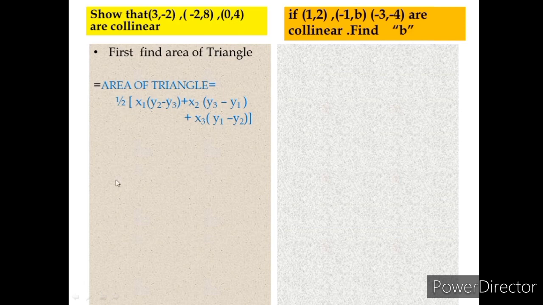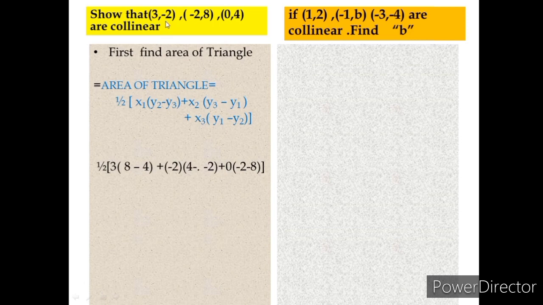Thereafter you have to substitute all the relevant values, x1 y1, x2 y2, x3 y3. Now the step will be like this: for x1 3, y2 8, y3 4, x2 is minus 2, then y3 that is 4. Then y1 minus 2, here minus 2, then plus x3 is 0.